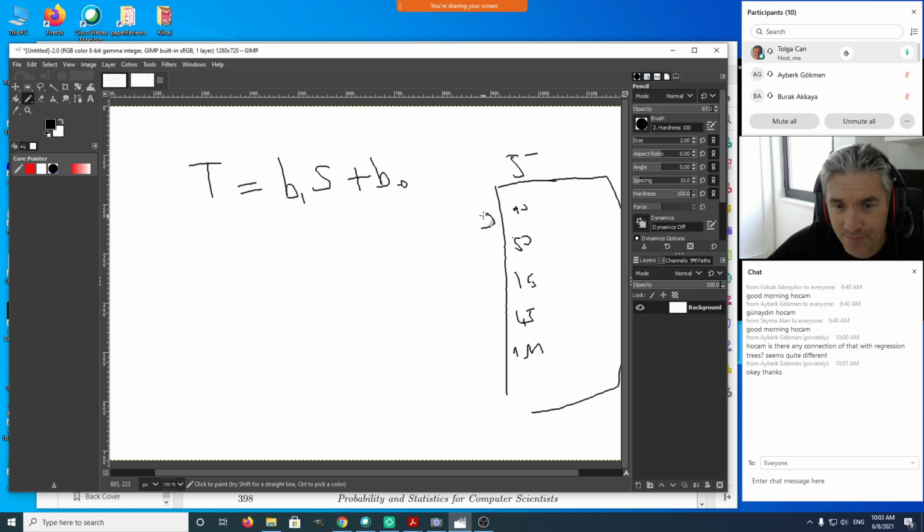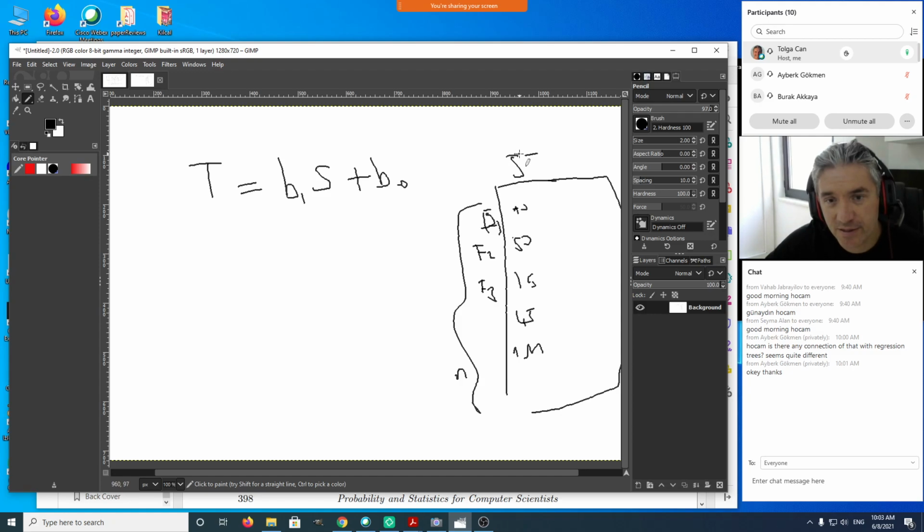These will be my file 1, file 2. Each row will be a certain file, and for my sample size, I will have n such files. And I will also have time: how much time it takes, for example, 1 second, 6 seconds, 2 seconds, 4 seconds, maybe 1 minute.